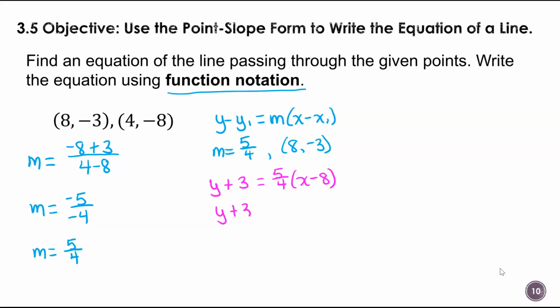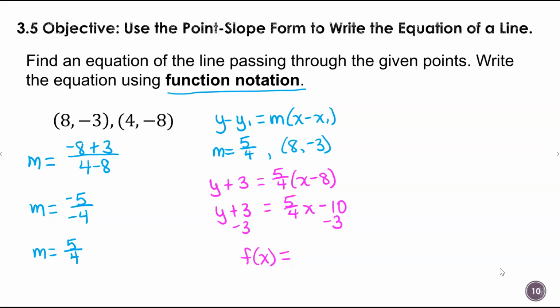We will distribute the 5/4, so 5/4 x minus. Now there's different ways you can look at this. 5 times -8 is -40. -40 divided by 4 would be -10. And then of course we're going to subtract the 3. And then let's write this with f of x, because we're writing it in function notation.